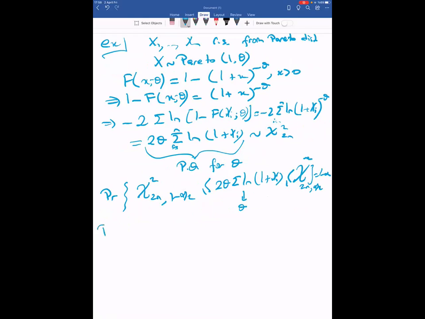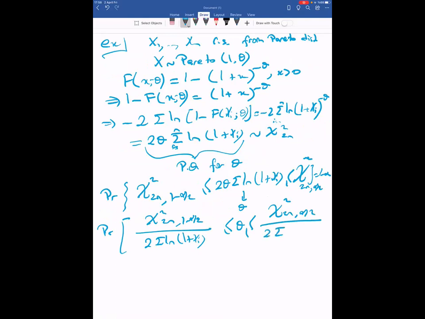The probability that we have chi-square 2n 1 minus alpha over 2 over 2 times summation ln(1 plus xi), then in the middle this, and the upper bound over 2 times summation ln(1 plus xi), equals 1 minus alpha.